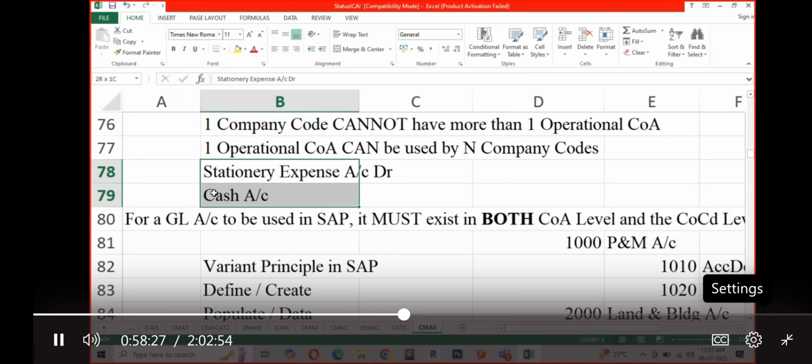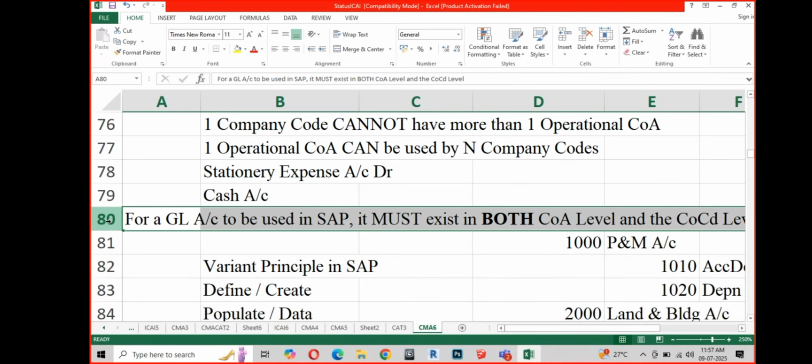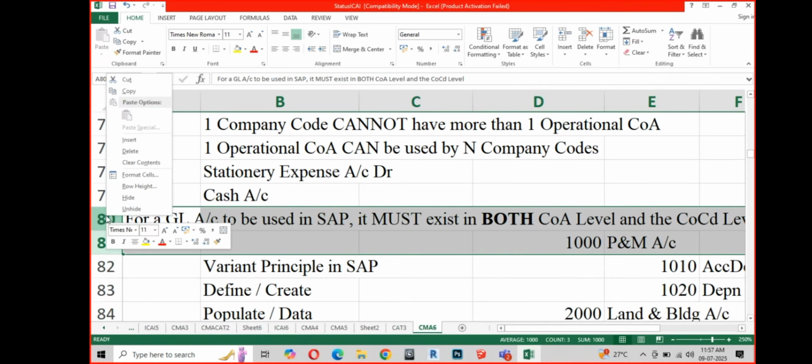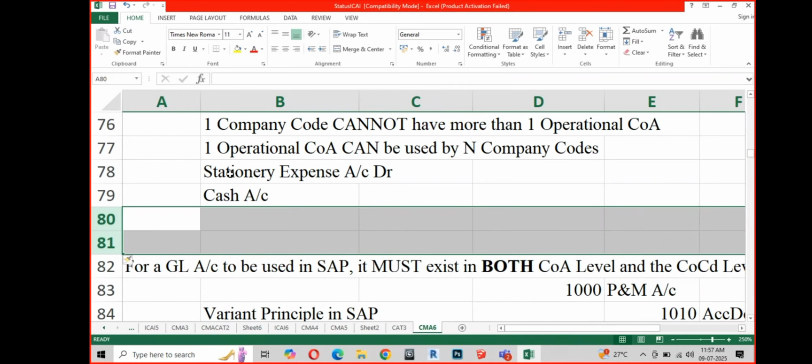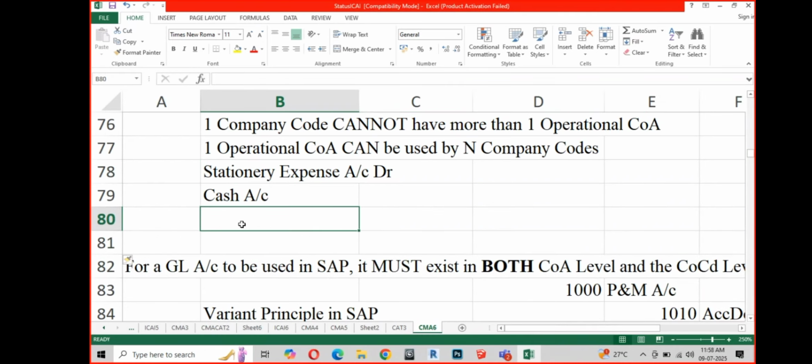So what do you normally do in your examinations? Once you pass this entry, what do you do? You always write this explanation, being the books and pencils purchased.